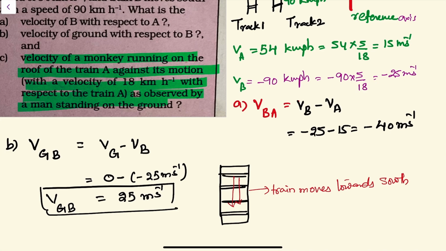What is the monkey's direction? A monkey is moving along the train roof, with a velocity 18 kmph.